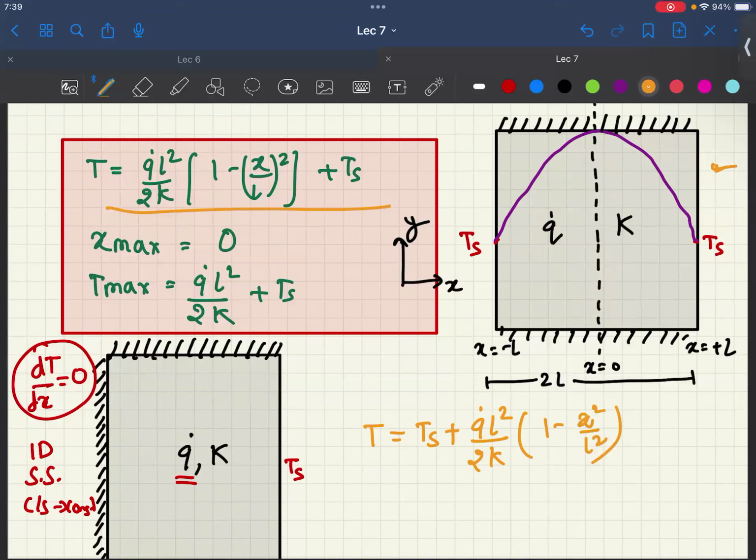Now this expression is exactly the same as this expression.